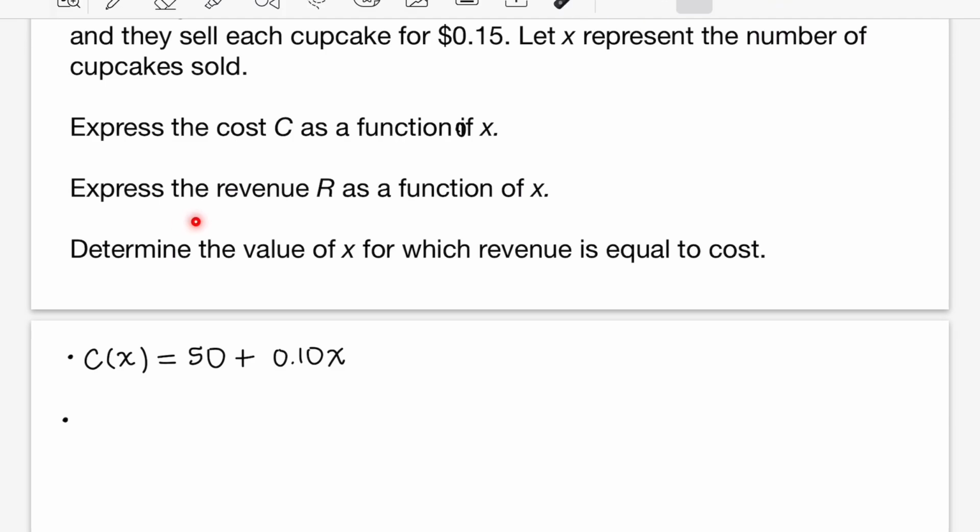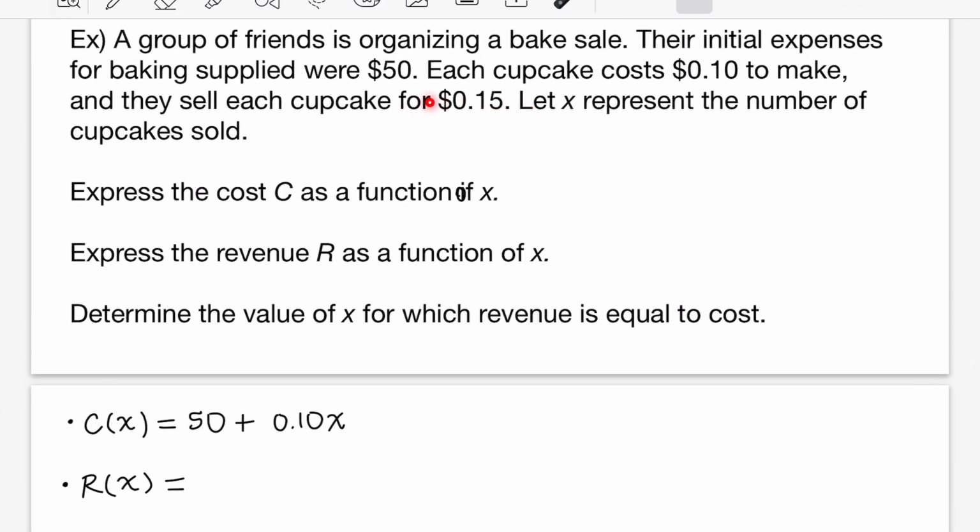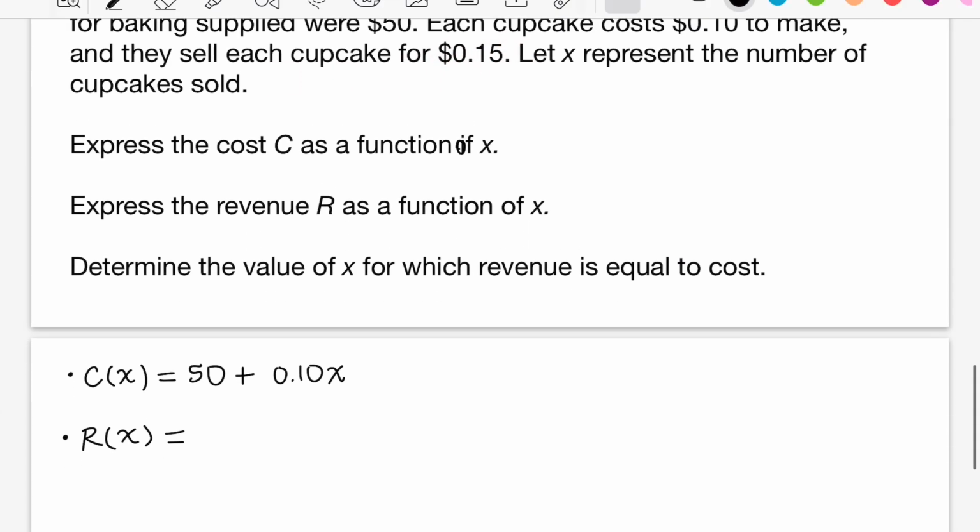Next, we want to write the revenue as a function of x. So we have r of x. And we're told that they'll sell each cupcake for 15 cents. And so our revenue is just going to be 15 cents, so 0.15 times each cupcake that they sell.